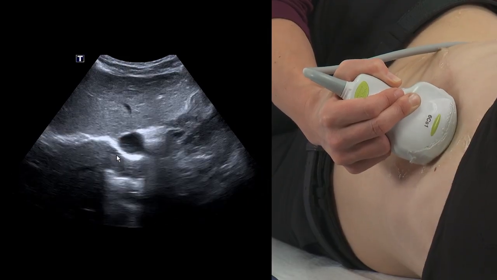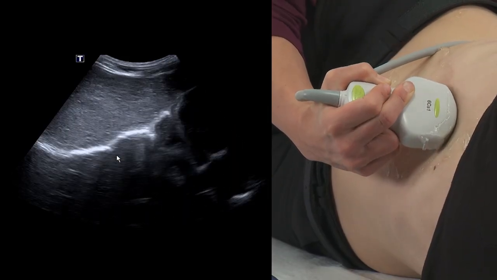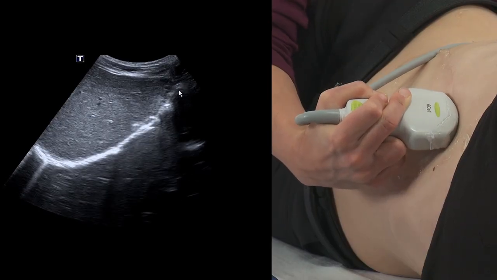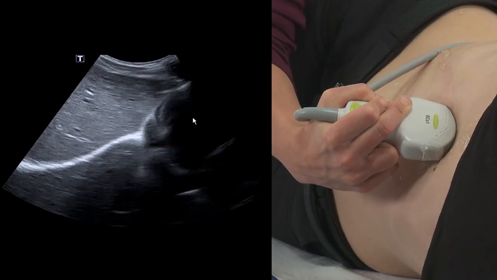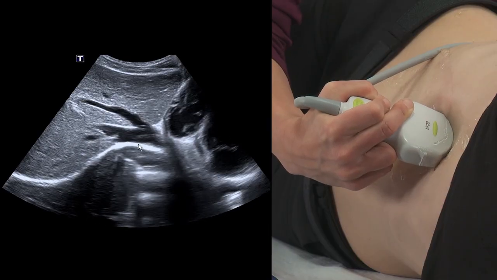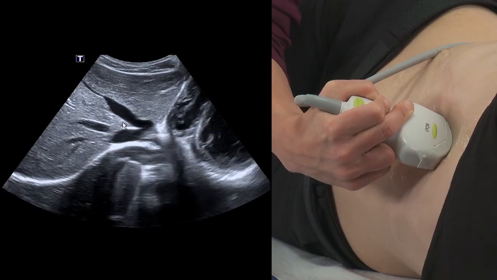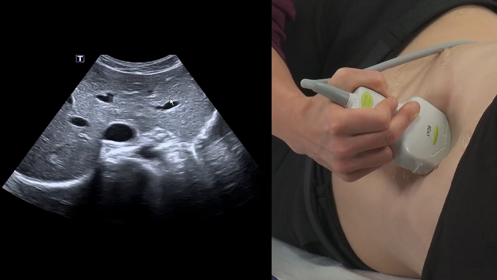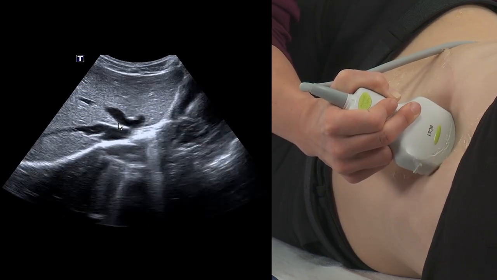And proceed to the subcostal transverse view. So we have seen the heart over here, liver parenchyma, IVC, right, middle, and left liver vein very nicely over here.